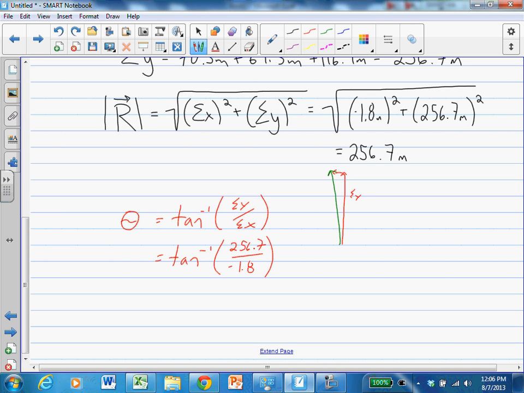Now, to really get the theta that we want, though, we'll have to do 180 minus that, 180 minus 89.6, or 90.4 degrees.